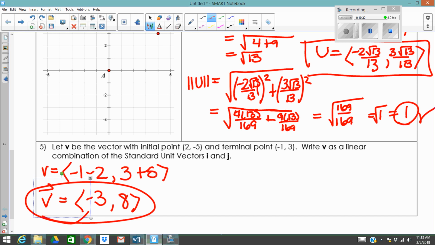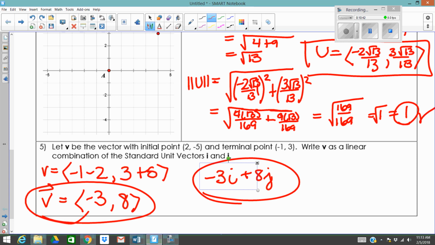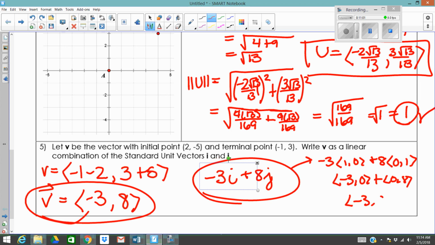So this linear combination of our standard unit vectors means I'm going to take -3, multiply it by i, and 8, multiply it by j. So all we're literally doing is saying that this is -3 times i plus 8 times j, which is -3, 0, plus 0, 8, which is -3, 8.